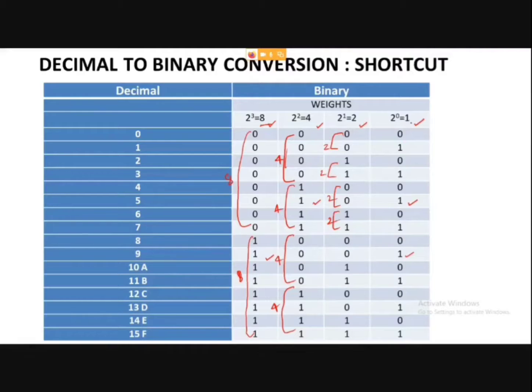Similarly, for weight 1, I'm writing 1 zero and 1 one: 0 1 0 1 0 1. That means I'm repeating in sets of 1. Here I repeated in sets of 2, here in sets of 4, and here in sets of 8. So this is a shortcut for these conversions.